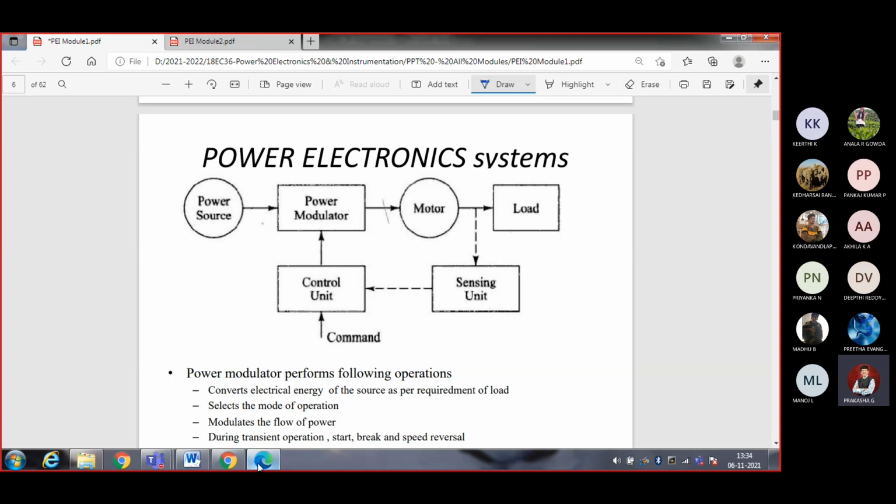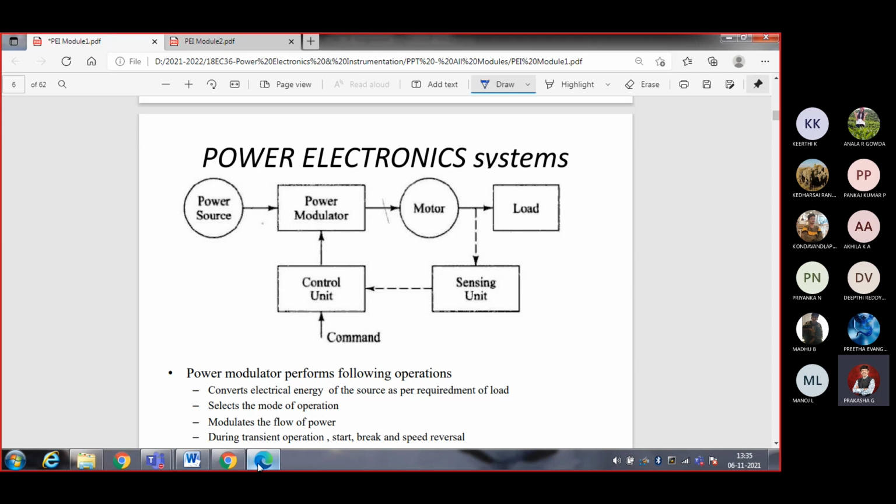So from the power source, the required power in the required format will be modulated and given to the motor. The motor will take that power and rotate. Once the motor is rotating, the load connected to that motor will get the power and it is going to move or operate.